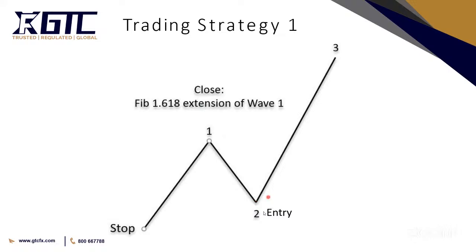You take your entry at the end or termination of wave 2. Your stop loss goes below the beginning of wave 1, and your extension will be Fibonacci 1.618 of wave 1.